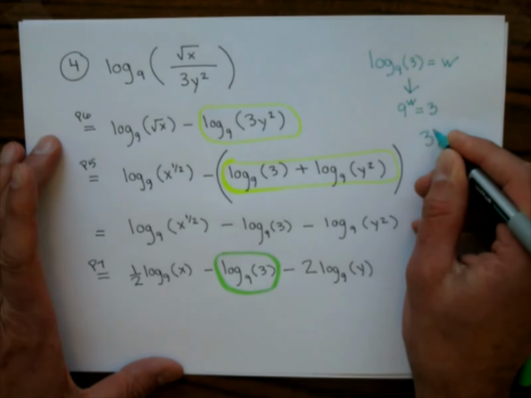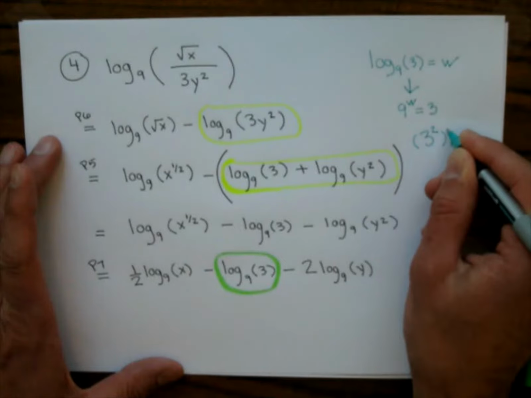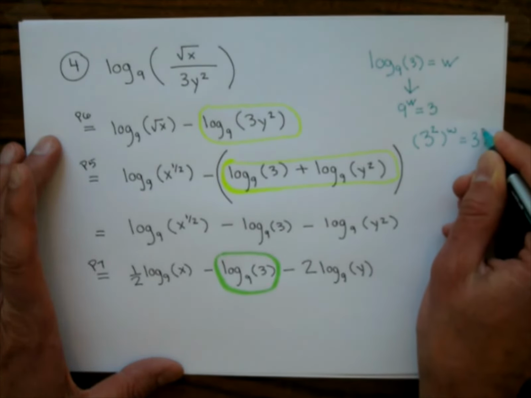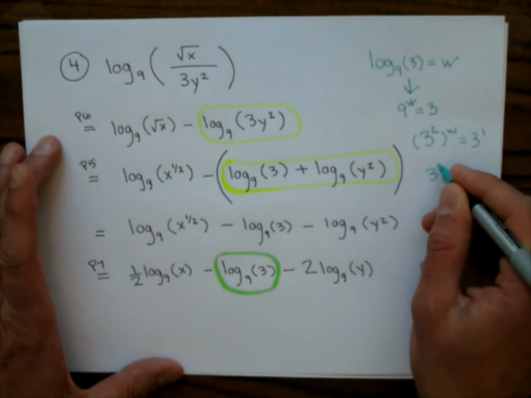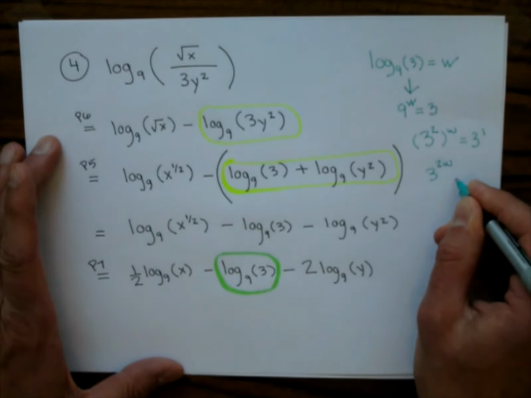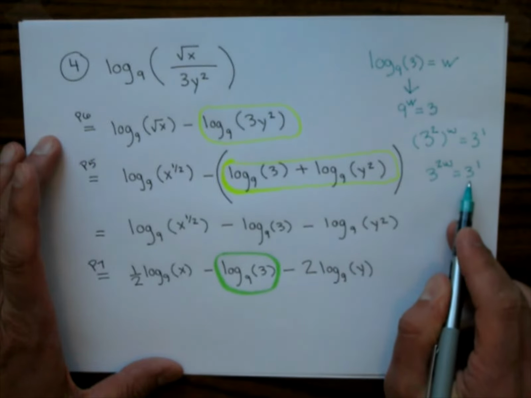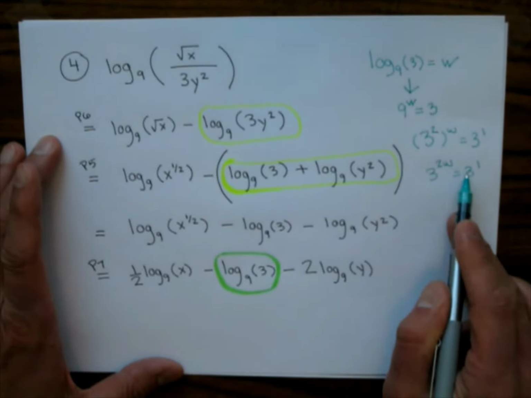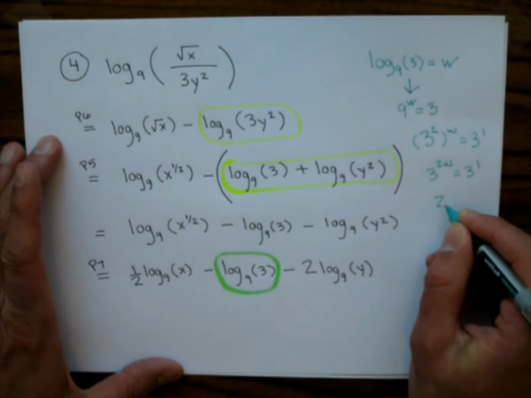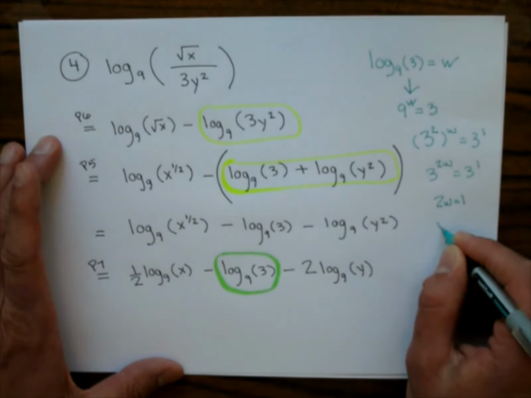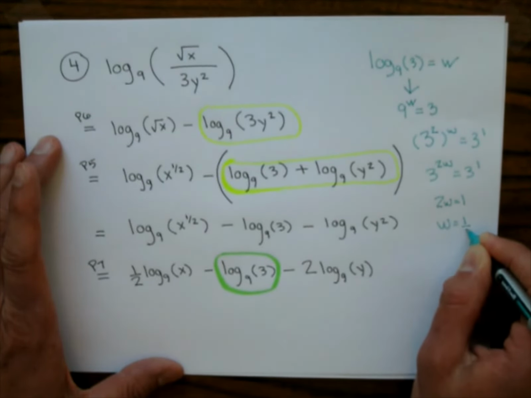Common base is 3. 3 squared is 9. 3 to the 1. Power to a power is we multiply. 3 to something equals 3 to something else, so those two things have to equal. 2w equals 1. W equals 1/2.